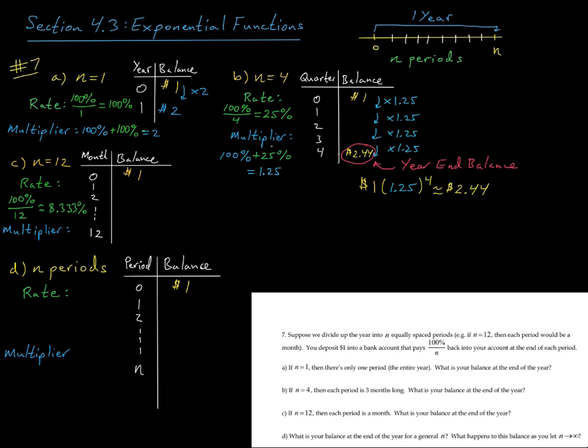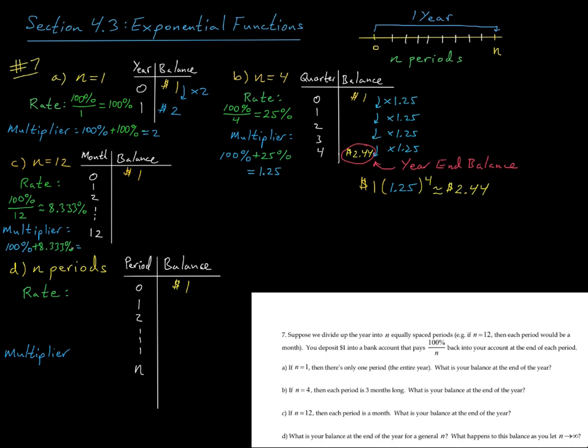And so for our multiplier, just like we've done up here, we're going to take 100% of the previous month's balance, and then tack on this 8.333% of that previous month's balance.